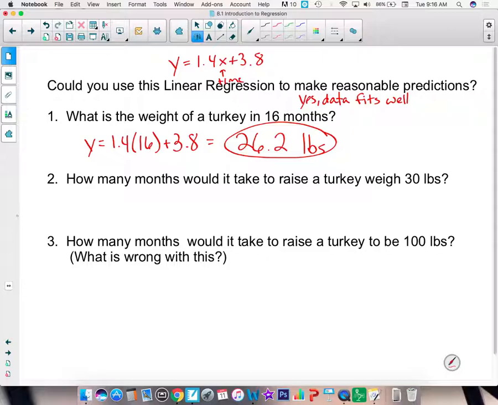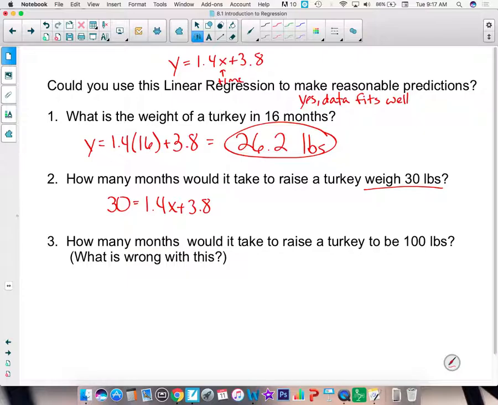It says, how long would it take to raise a turkey to weigh 30 pounds? Well, we're trying to figure out a weight of 30 pounds. We don't know what our time is, but we do know our weight. Remember, our weight is y, so if we plug it in, 30 equals 1.4x plus 3.8. Now we can figure out our time with that equation.